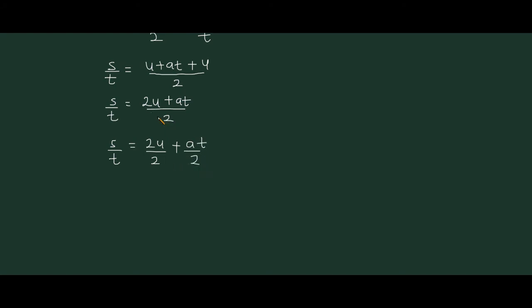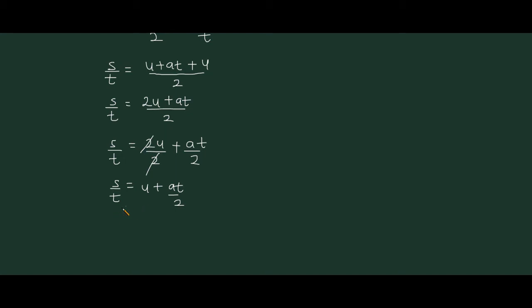Since this is a single denominator, I can separate it, which is arithmetically correct. From here I cancel out my 2's and I'm left with s over t is equal to u plus at over 2.